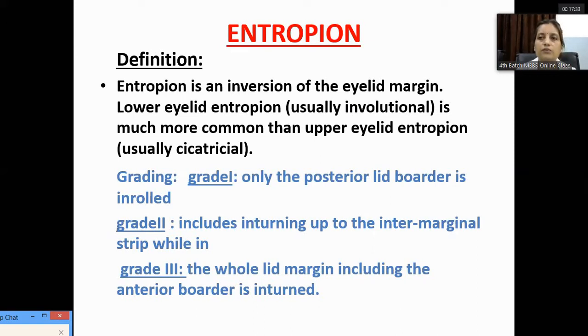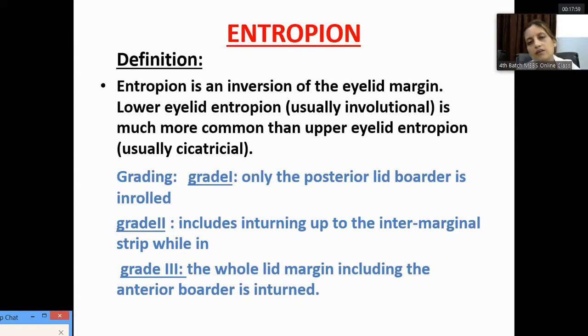And what happens normally, you will see only the posterior lid margin touches the globe and the anterior lid margin is free. So you will be able to see whether the punctum is visible or not. In the normal condition, until and unless we pull the lid a little bit, we will not be able to see the punctum.